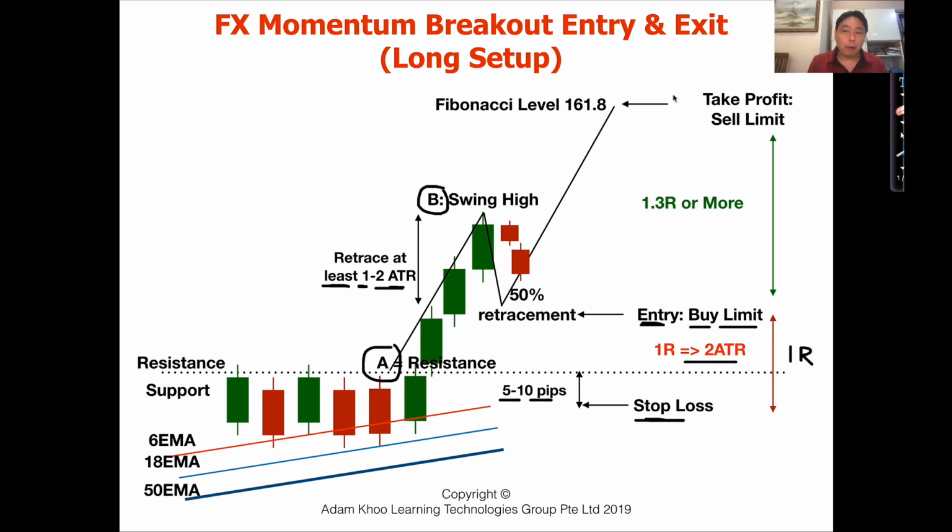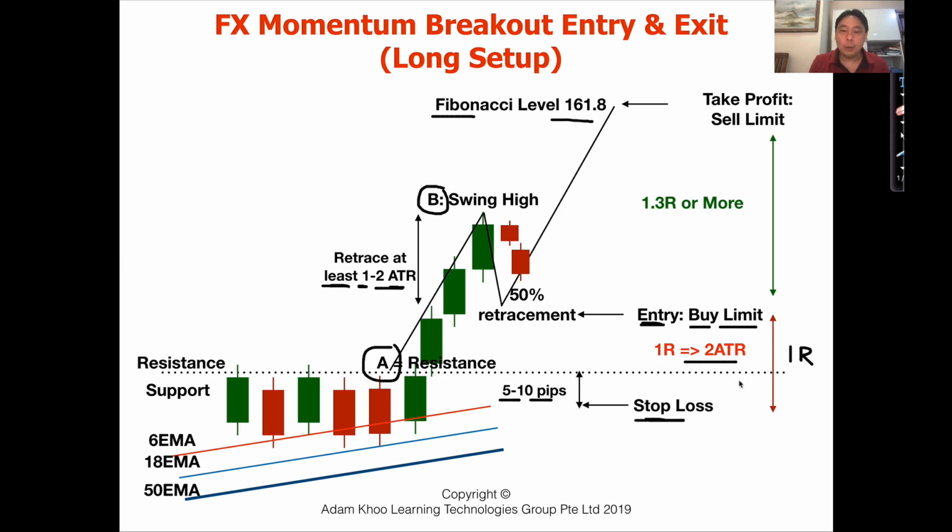Now, where do you place your profit target? Again, your profit target is determined by the Fibonacci 161.8 level. We call that the Fibonacci projection level. And again, I'll show it to you in the MT4 charts in a while, so hang on, okay? And you also want to ensure that from your entry point to your target profit, you are making more pips than you are risking.